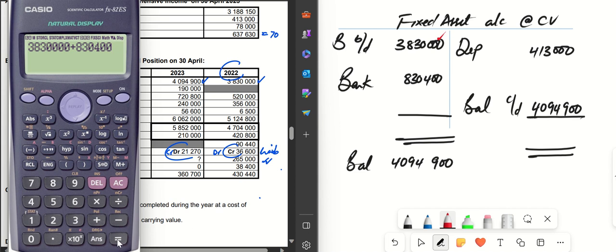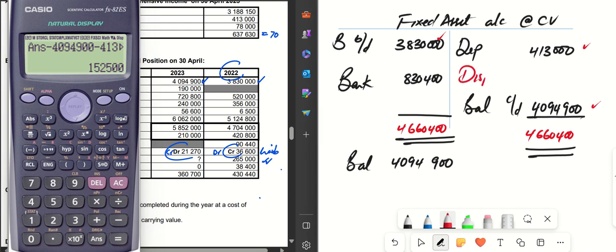So we have added those two amounts, and then it gives us 4,660,400. Then I minus that. So I'm going to come and say minus 4,094,900. Then I come again and say minus 413,000, and this would then give me my 152,500.